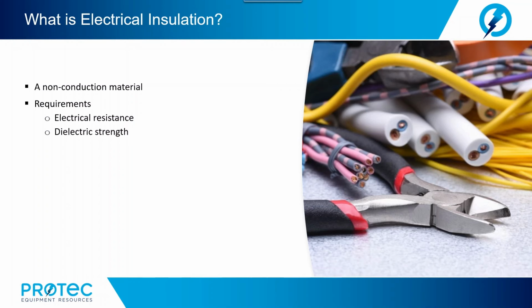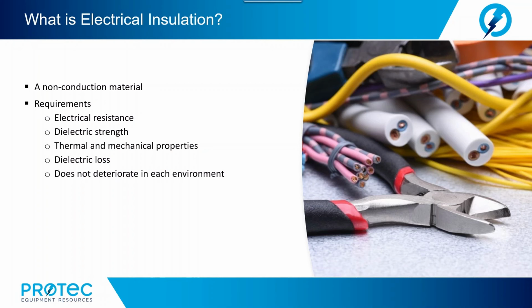The secondary requirements relate to thermal and mechanical properties, and occasionally tertiary requirements relating to dielectric loss and dielectric constant must also be observed. A complementary requirement is that the required properties not deteriorate in the environment and desired lifetime.